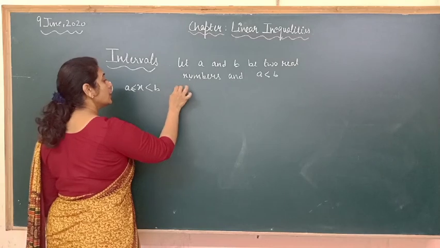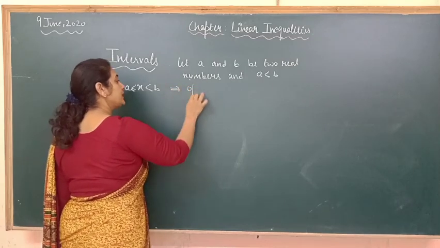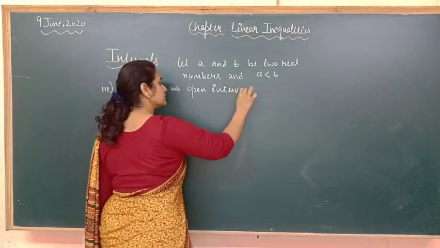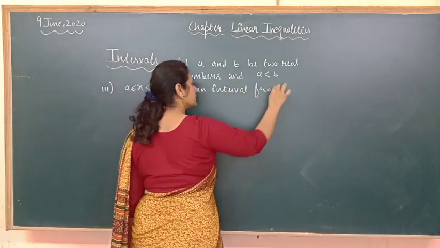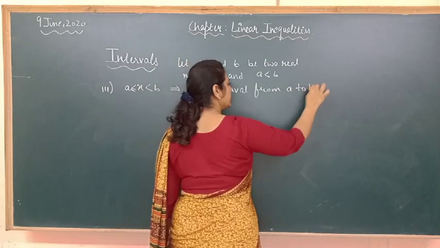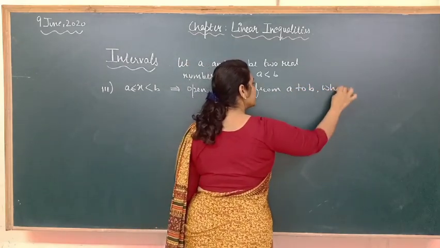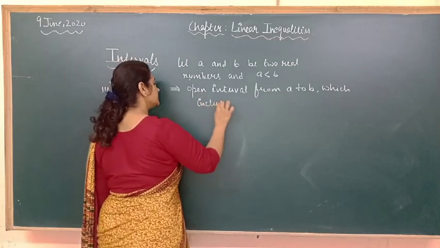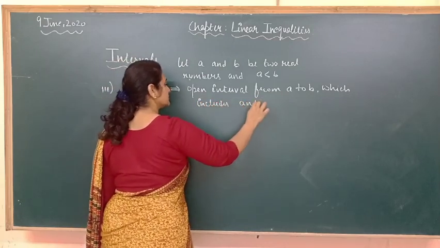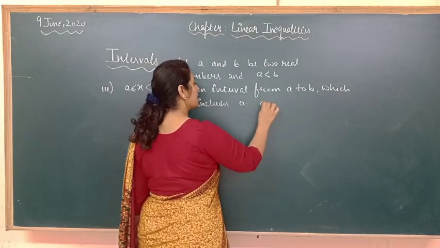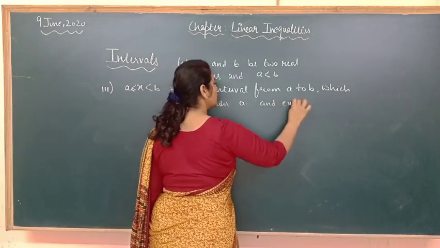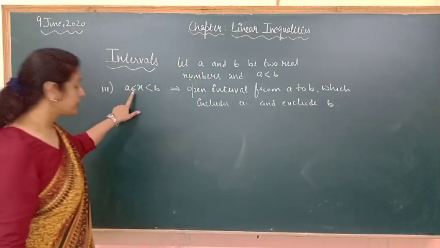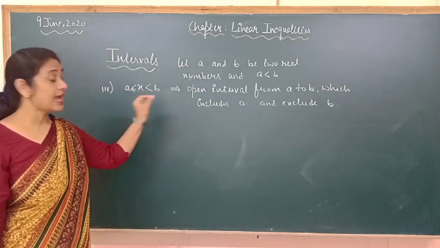This is called a half-open interval from a to b, which includes a and excludes b. मतलब a है इंटरवल में बट b नहीं है. a है but b नहीं है.